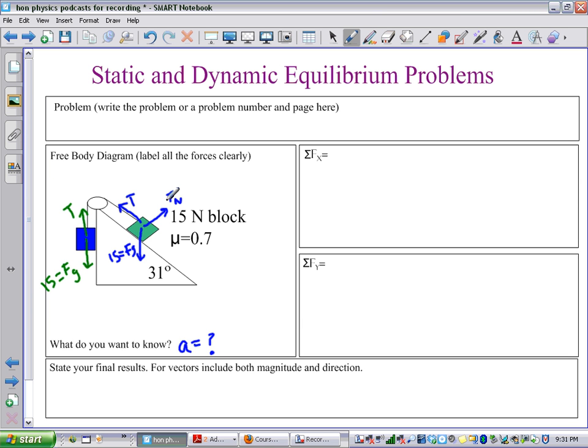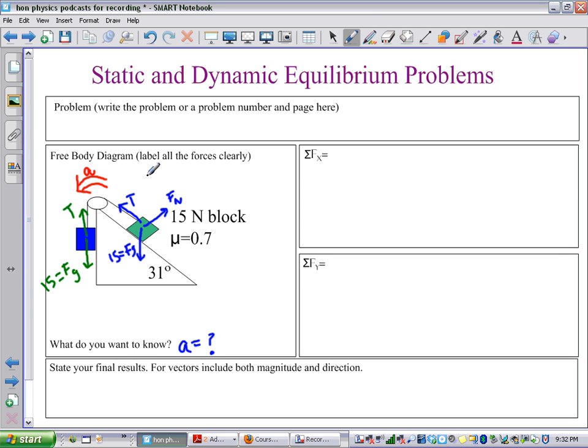Now, we're going to have to guess which direction these blocks are going. It doesn't matter whether we guess correctly as long as we're consistent between this block and this block. So both blocks are equal weight. This one's being pulled up a board. I'm going to guess that the blocks are accelerating this way.